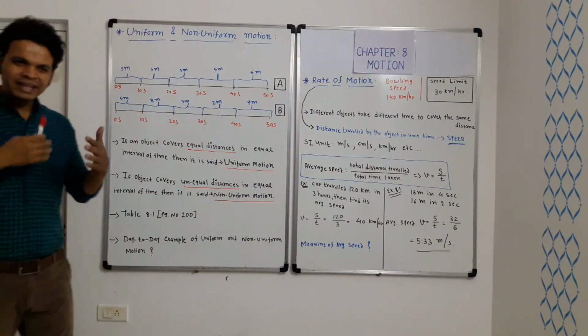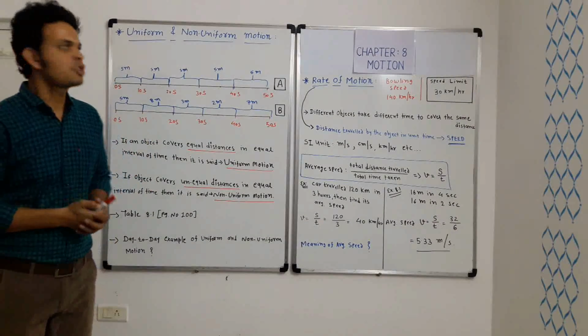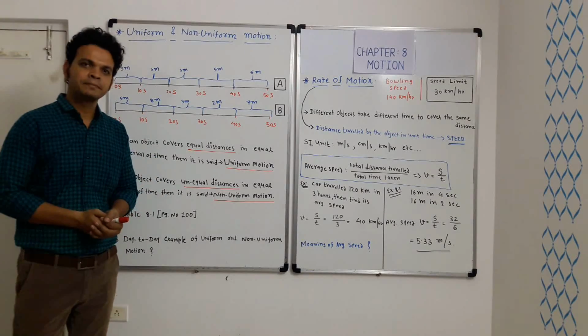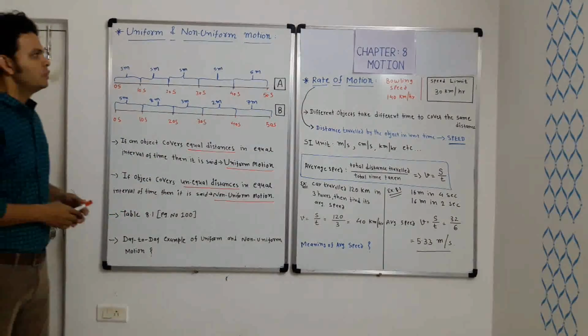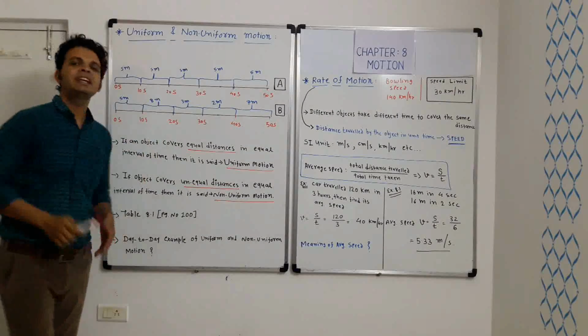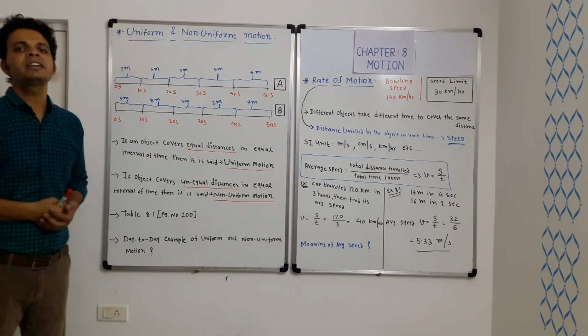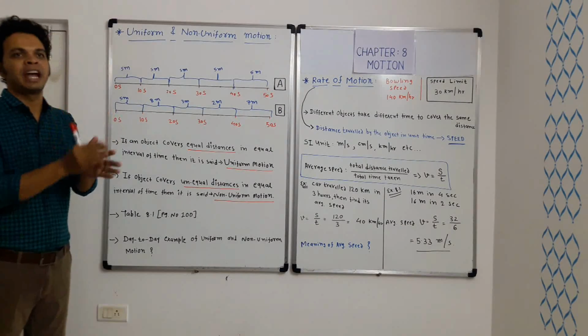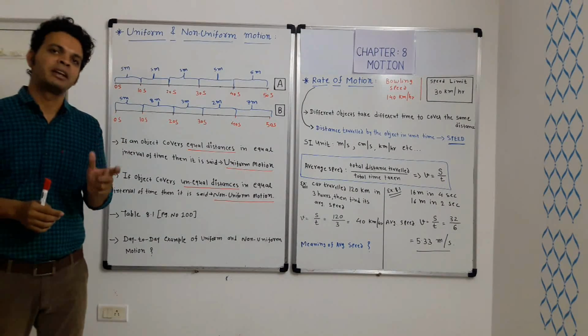So is there any kind of difference in the motion of car A and car B? Can you guess? Yes, here the motion of car A is a bit arranged, a bit systematic, because in each interval of time it is moving 5 meter.